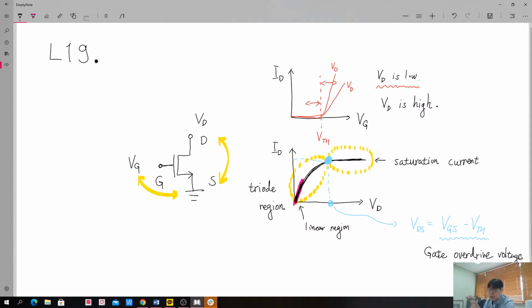Okay. So now it becomes clear that in this long channel device, the knee point between this triode region and saturation region is given by the point where the drain bias voltage becomes equal to the gate overdrive voltage. Of course, the saturation current is simply given by ID saturation equals mu n C ox W over L, and half of VGS minus VTH squared.